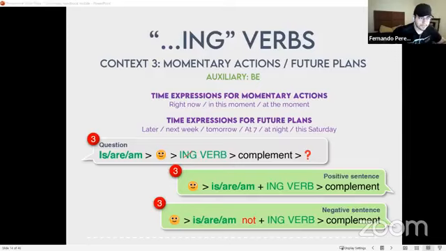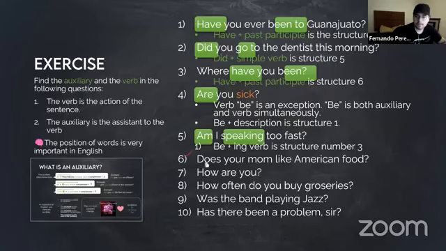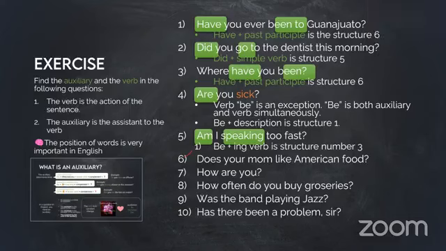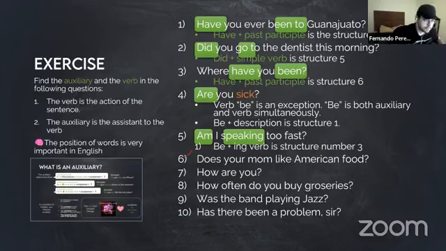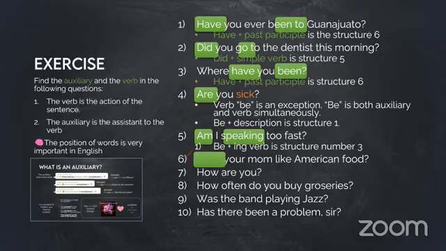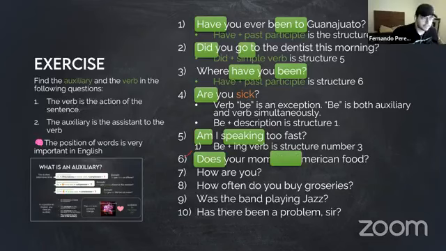The next. Find auxiliary and verb number 6. The auxiliary is does and the verb is like. Very good. That's correct.